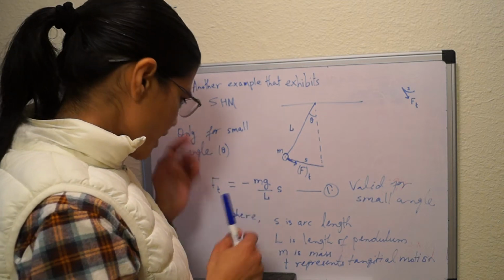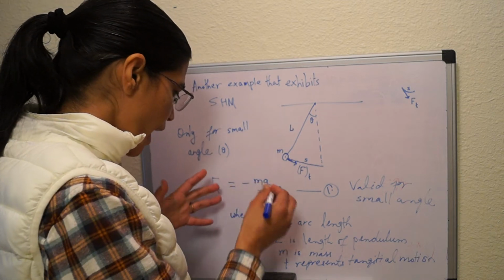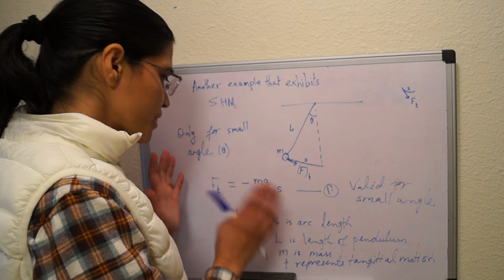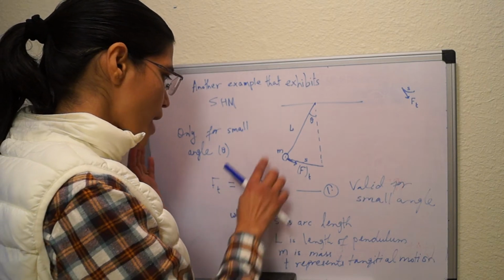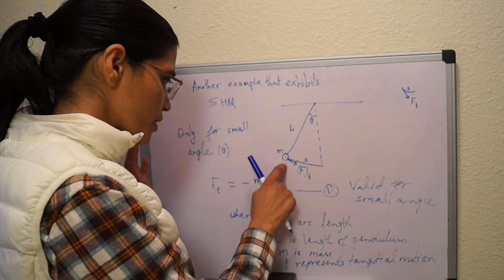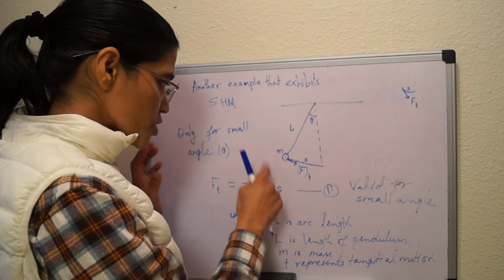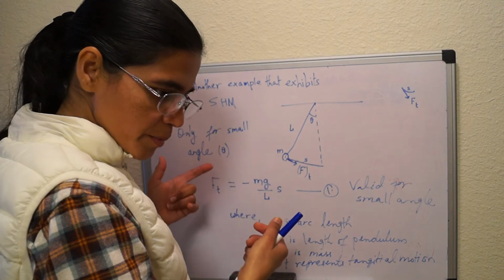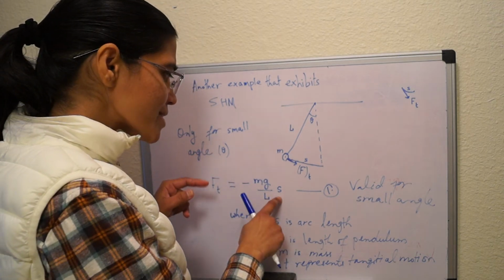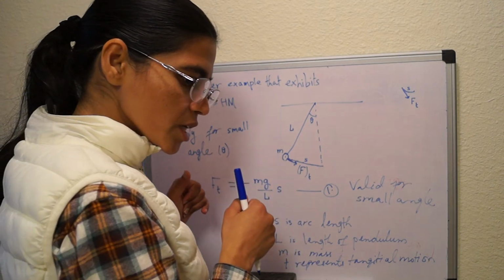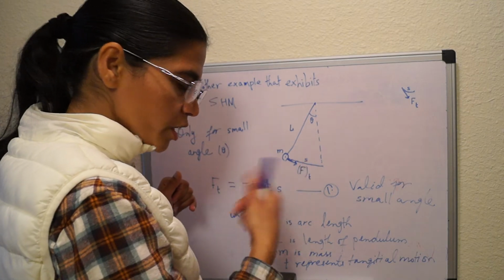We have mg by L, something that has to do with mass and with the property of the pendulum itself, and length is also a property of the pendulum. In the spring mass system we had a k, and S is the arc length. Earlier we had stretch or elongation, right?